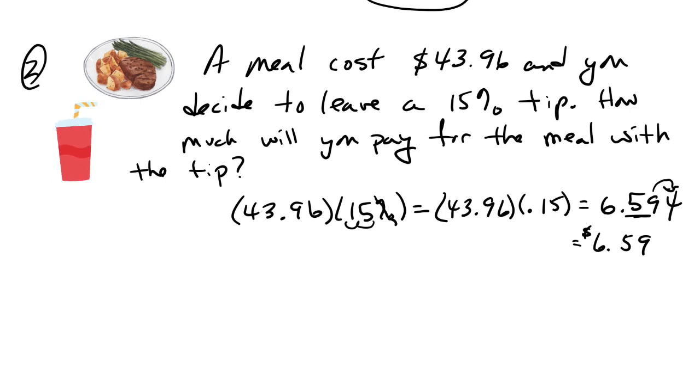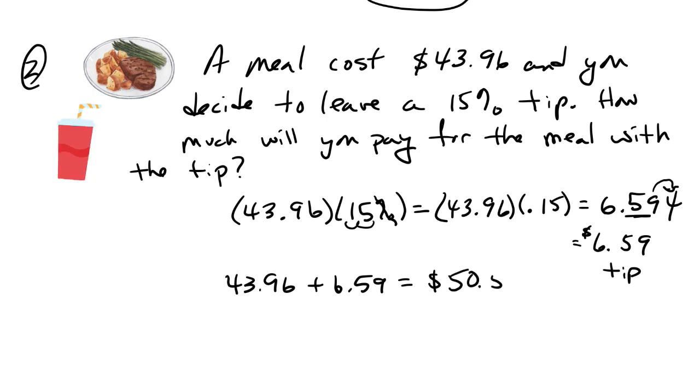But that's the amount of the tip. It's got to be added back. So this is the tip. It's got to be added back, 43.96 plus $6.59. When I add that together, I get $50.55. That's the cost of my meal with the tip.